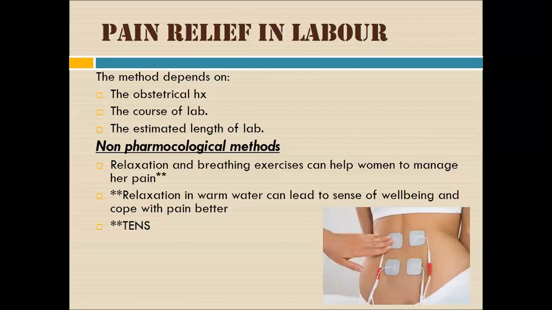Some countries use relaxation in warm water, and the process of labor can be completed in special swimming pools with warm water. Transcutaneous electrical nerve stimulation: this picture shows the method of putting the electrodes in a special area, and this will help to manage the pain.